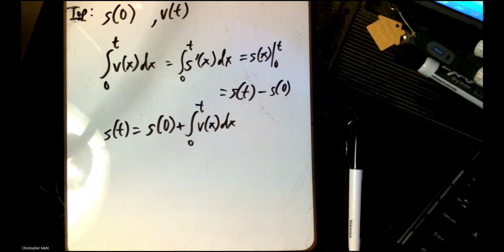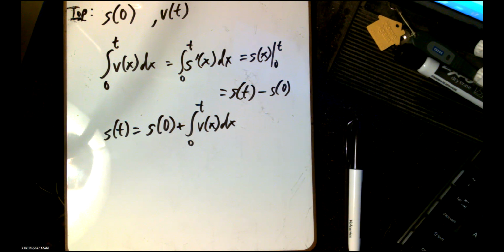I was doing a little bit of that without you seeing because it was a little small, but here, this is what I was saying. So I know the integral from 0 to t of v of x dx. Well, v of x is s prime, so that's the integral from 0 to t of s prime of x dx. Well, s is obviously an antiderivative for s prime, so that's going to be s of x between 0 and t.